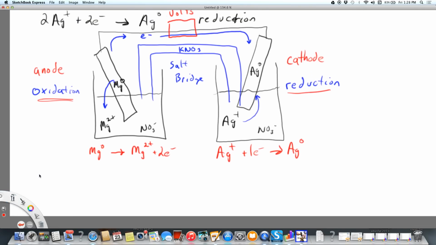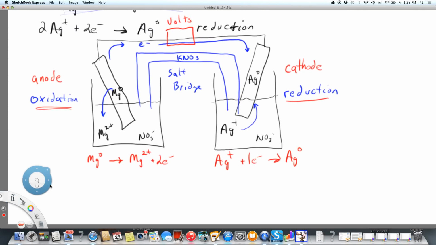Now we want to write out a little shorthand method. We've got magnesium 0 going to magnesium ions. So that's how we show that. Then we've got our salt bridge. That's what this is right here. And then we have silver ions.